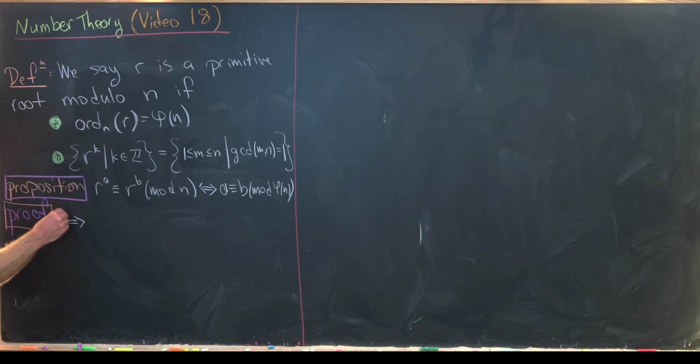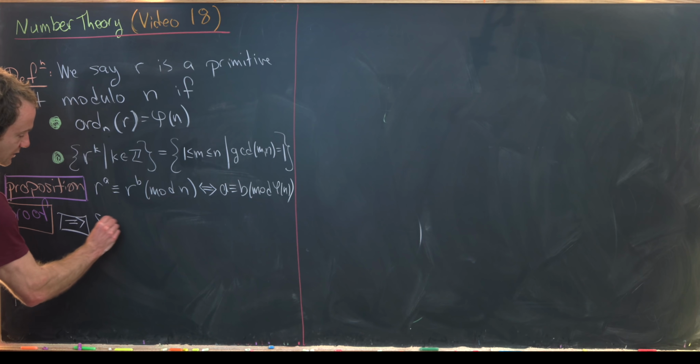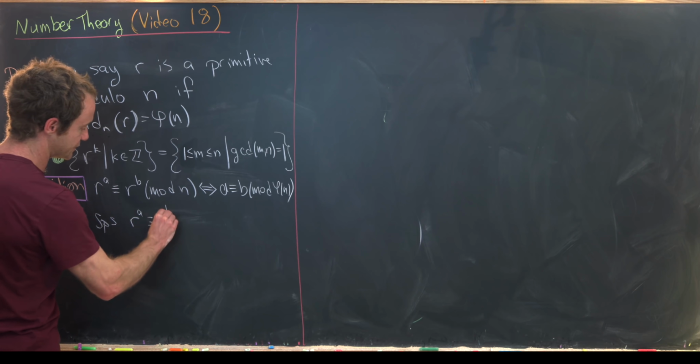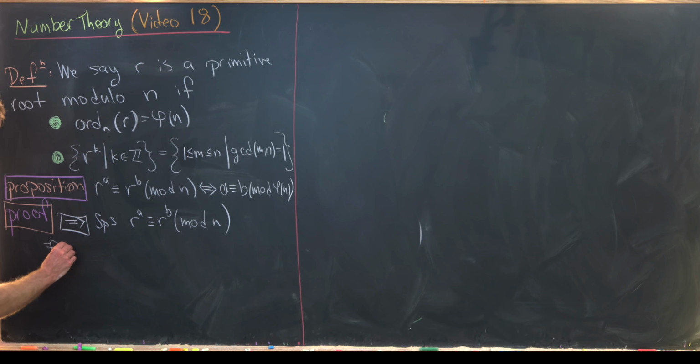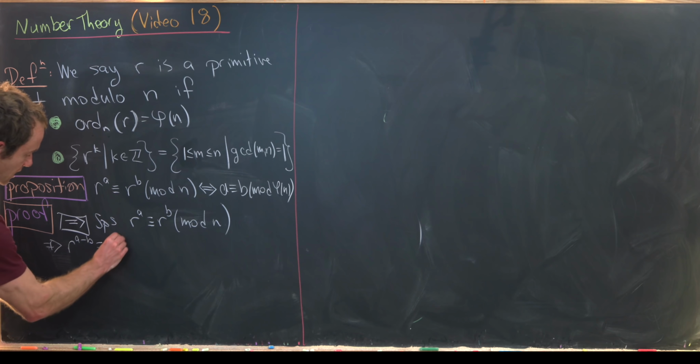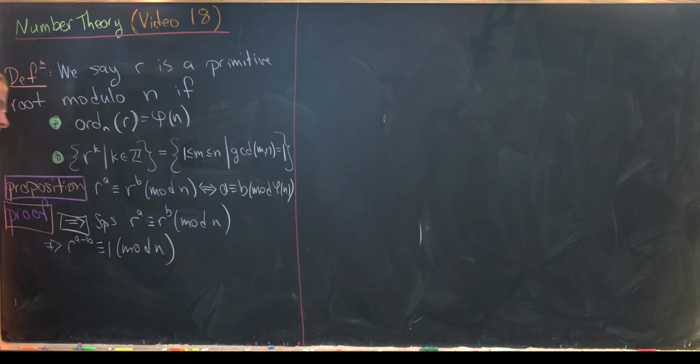So we'll do this forward direction first. So in other words, we want to suppose that R to the A is congruent to R to the B mod n. But now let's notice that that tells us that R to the A minus B is congruent to 1 mod n, where we just multiply by R to the minus B. If you're a little bit worried about this, you can just assume that A is bigger than or equal to B. Okay, so from here, we see that the order of R divides A minus B. But let's recall that the order is phi of n, given the fact that R is a primitive root.